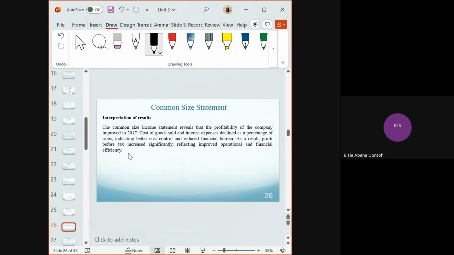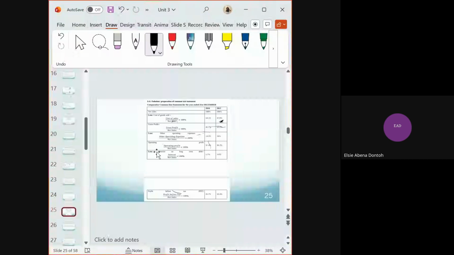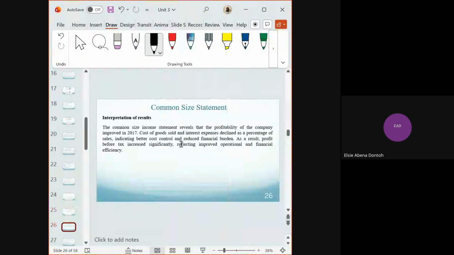Cost of goods sold and interest expenses declined as a percentage of sales, indicating cost control and reduced financial burden. As a result, profit before tax increased significantly from 25.7 to 32.4, reflecting improved operational and financial efficiency.